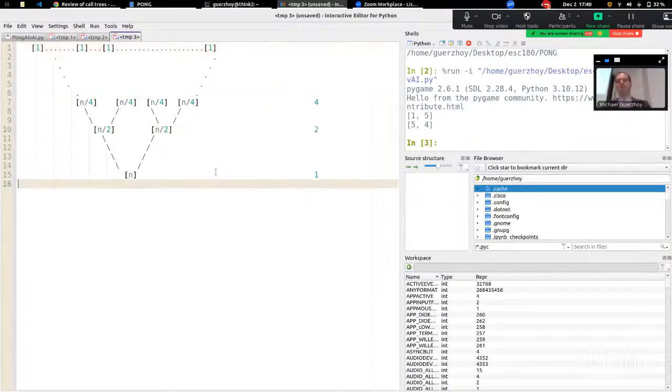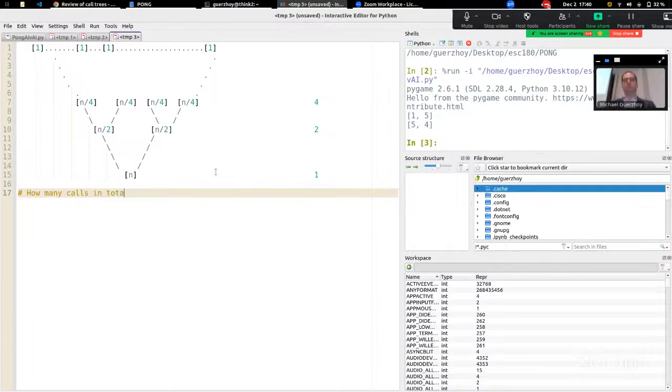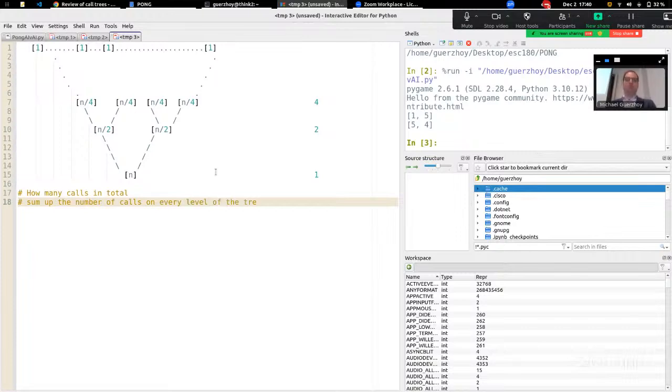We're trying to say how many calls in total. We want to sum up the number of calls on every level of the tree. And it is, again, 2 to the 0 plus 2 to the 1 plus 2 to the 2 plus and so on plus 2 to the what? Anyone?